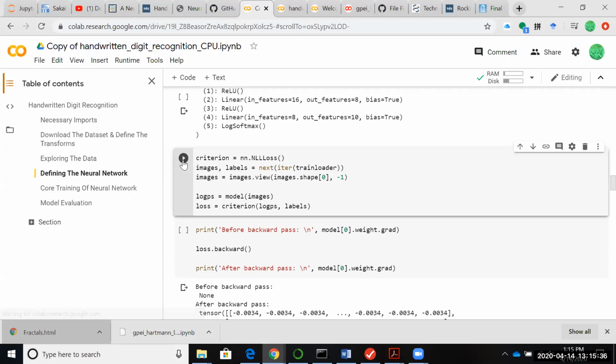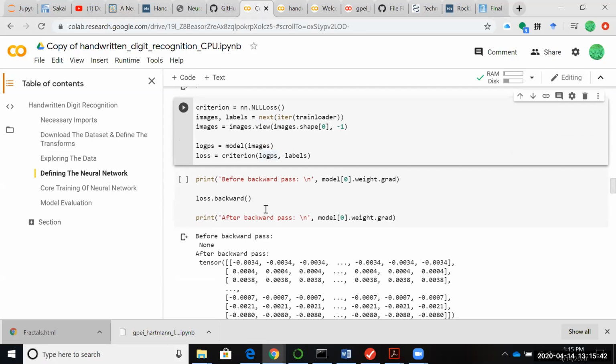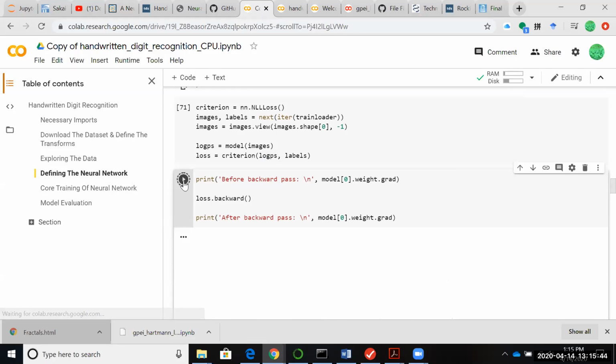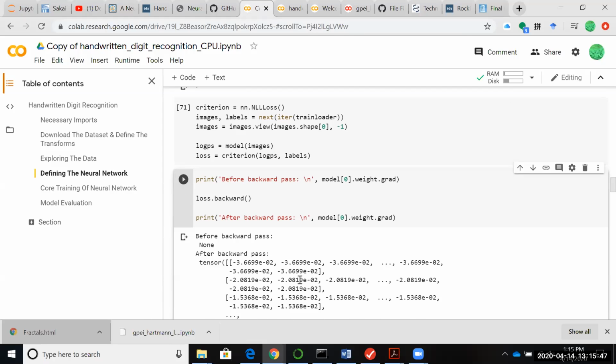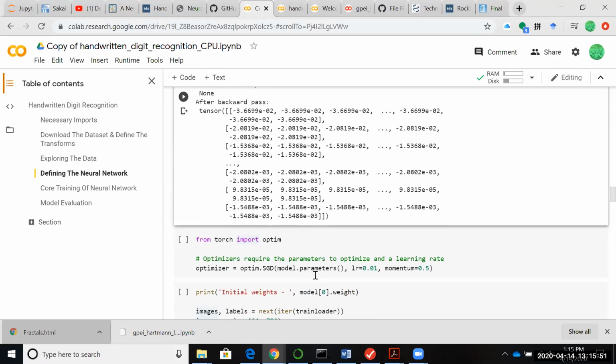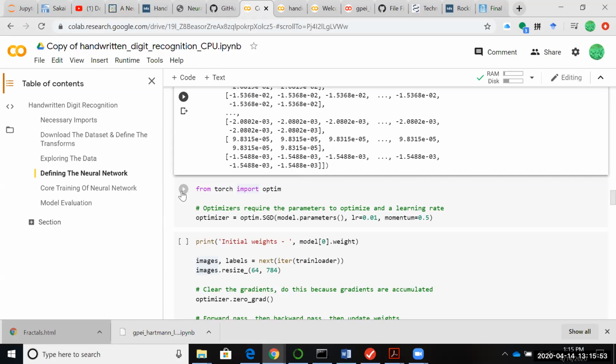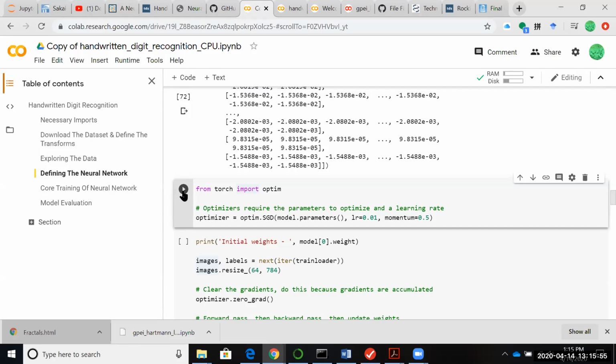So we define the image, the log probability, the criteria for the training, and this is just to give an example of what the initial weight is. And then we define the optimizer.